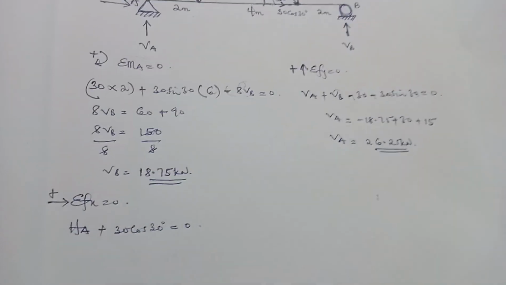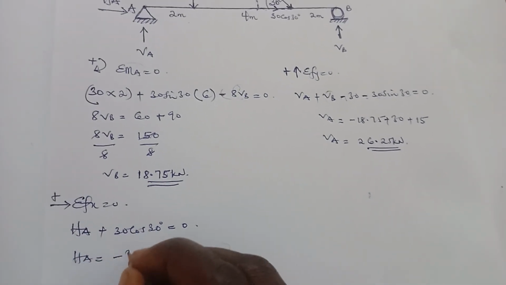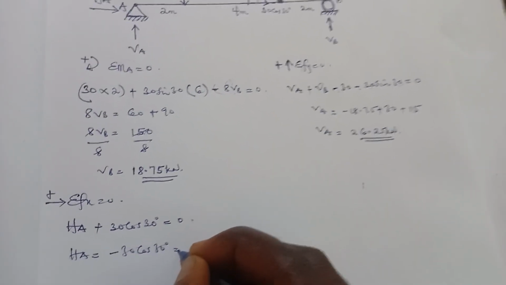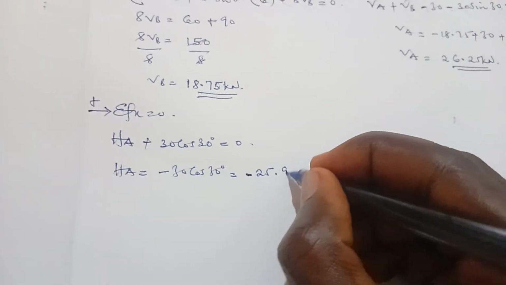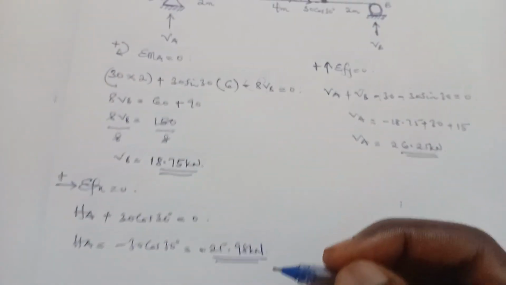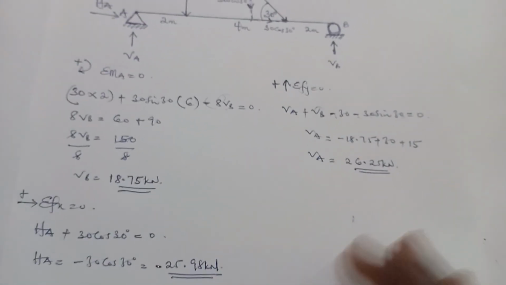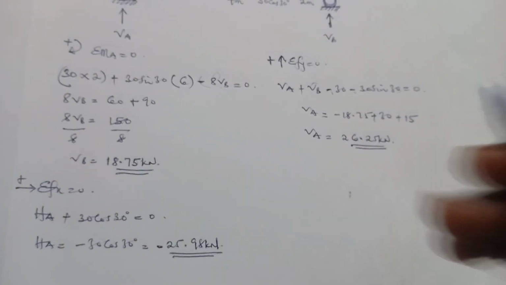These are the only horizontal forces. So HA is equal to negative 30 cos 30 degrees, and this is going to give us negative 25.98 kilonewton. That's the horizontal force. So we are done calculating the support reactions. Now we have to calculate the shear force.